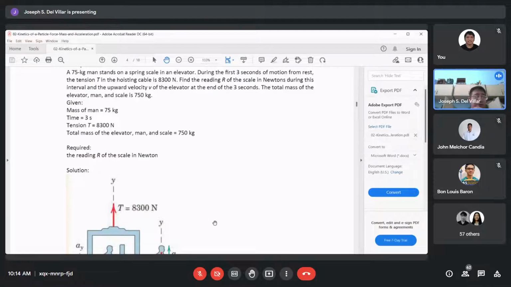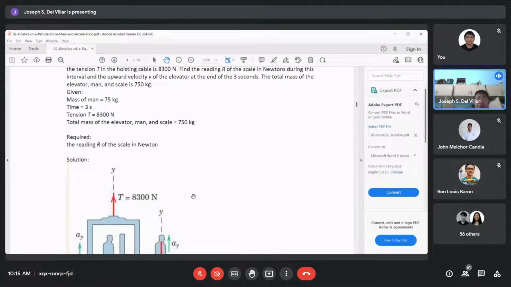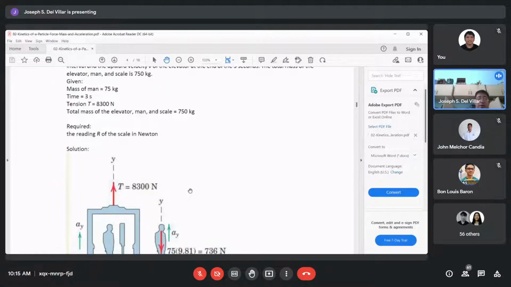Okay, draw the free body diagram. So before you start the solution, we have the given, required. Free body diagram, or that is the drawing or illustration. Okay, and then the solution.